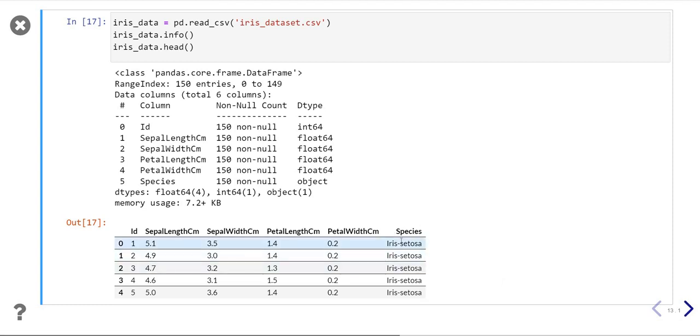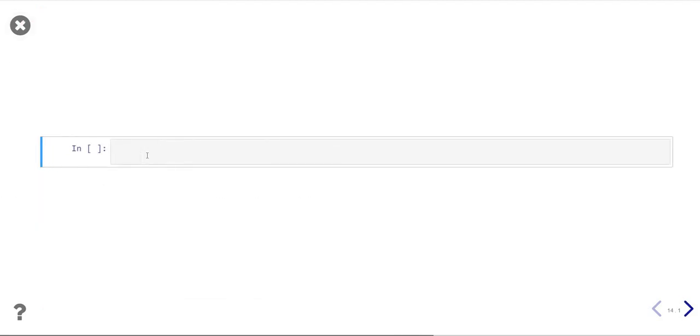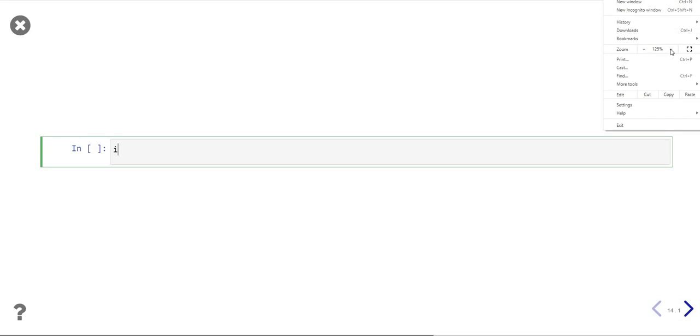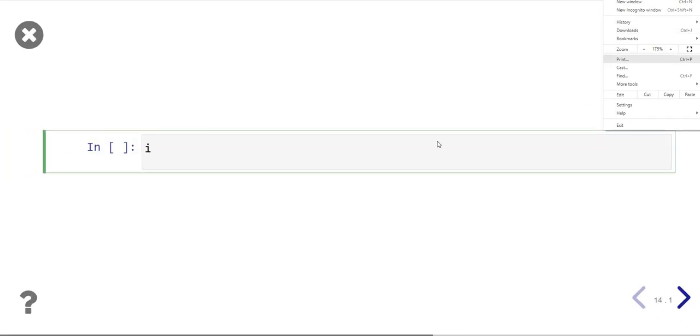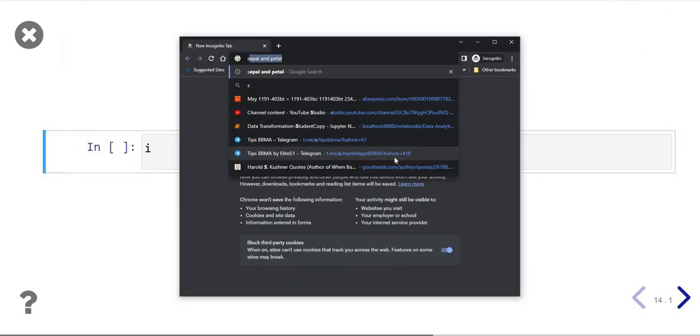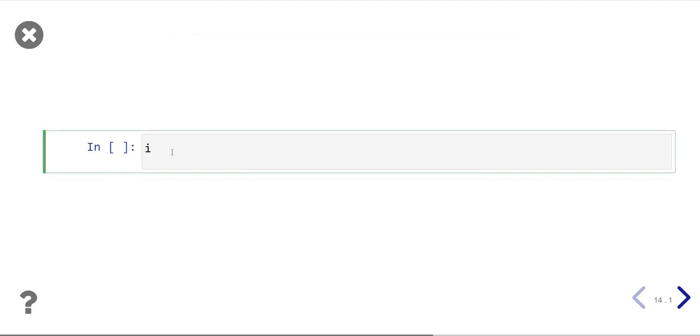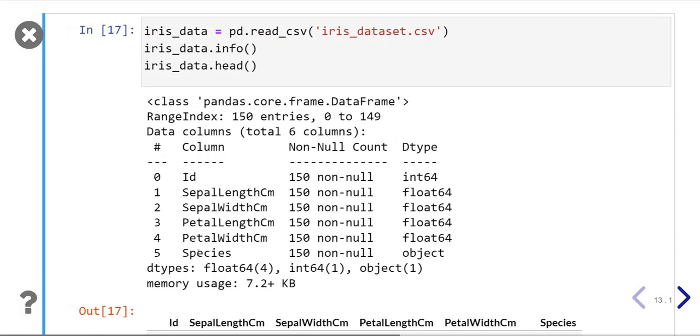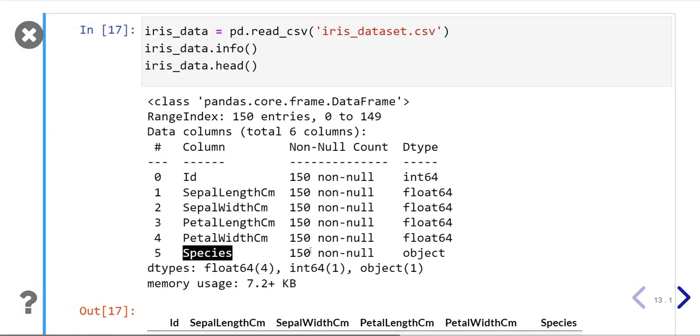Since we are interested in identifying the species, let's see the range of species that we have. Wait, let me just enlarge this. Let's look at the iris data, the species column.